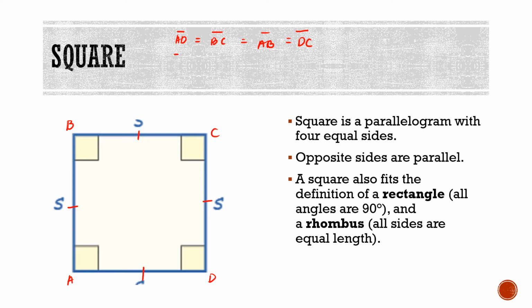So we can write this as side AD is parallel to side BC and side AB is parallel to side DC. Now again, the angles of a square are all equal by 90 degrees. So we can write this as angle A is equal to angle B is equal to angle C is equal to angle D, wherein A, B, C, and D are equal to 90 degrees.